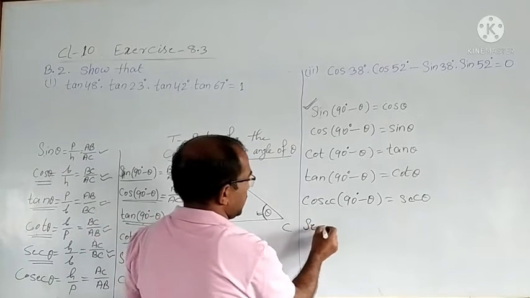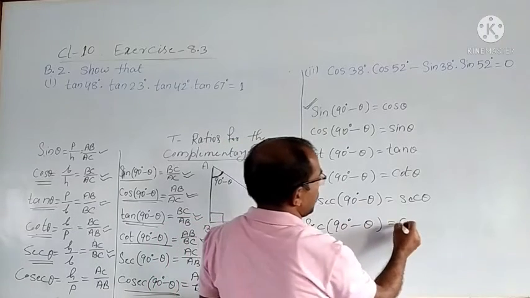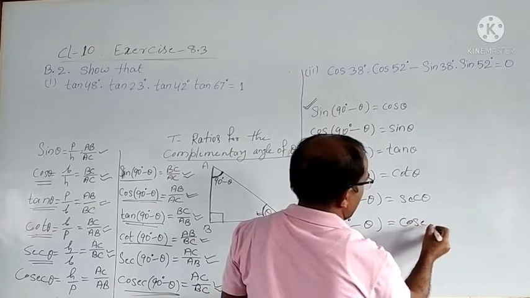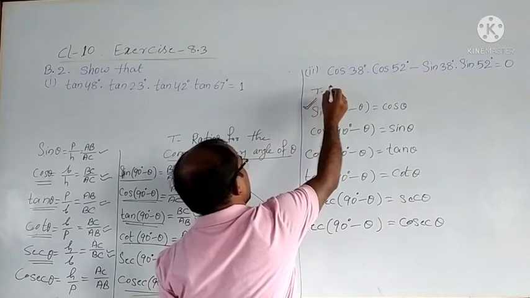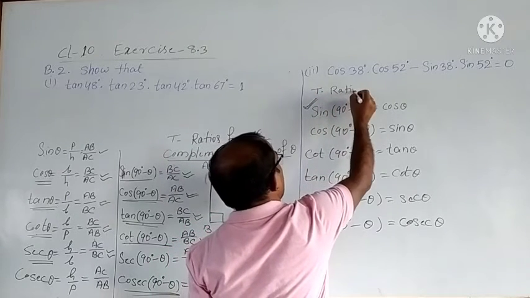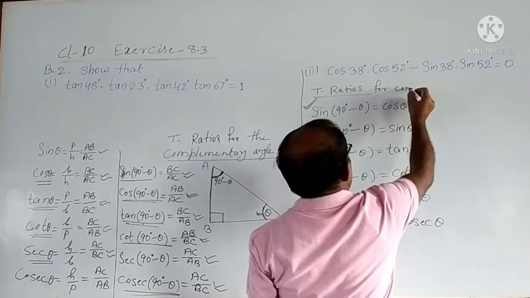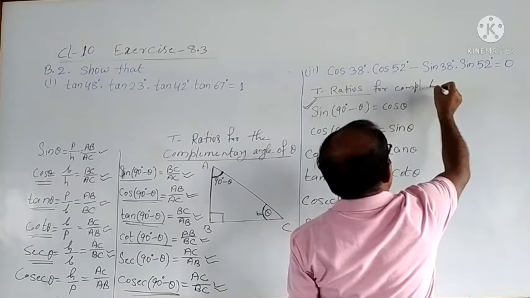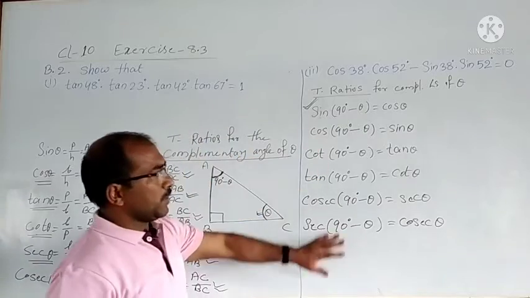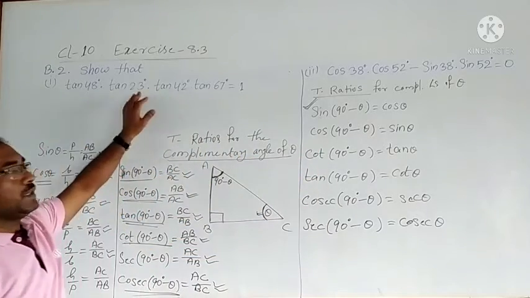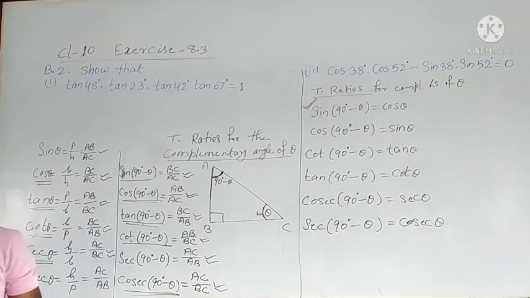So, these are the 6 trigonometric ratios for the complementary angle of theta. For complementary angles of theta, we need to remember it. Now, this we are going to solve in this exercise 8.3. Let us start the exercise.